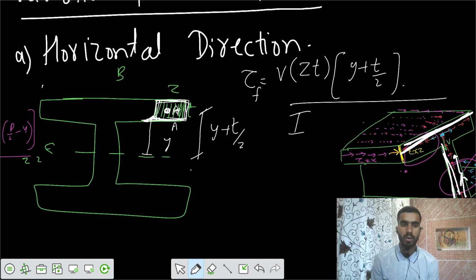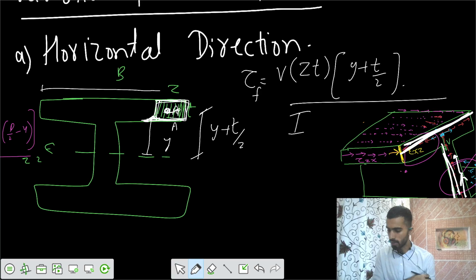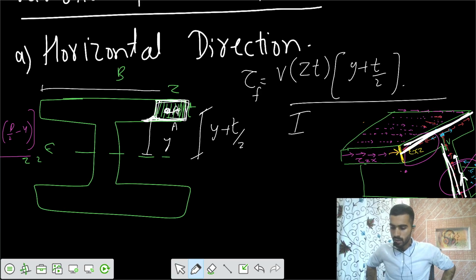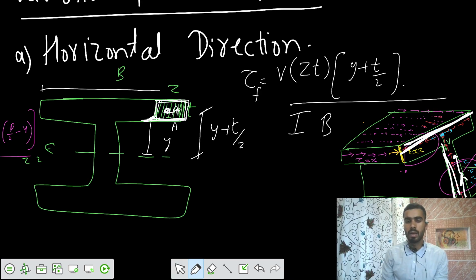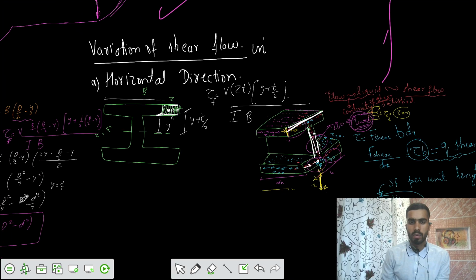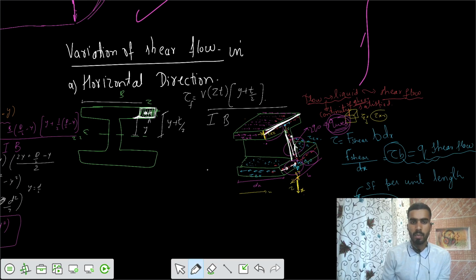What is the width at that location? While you are calculating the shear stresses, that width is equal to b. One more thing: if you talk about shear flow now, you have to take shear stress into the width b.